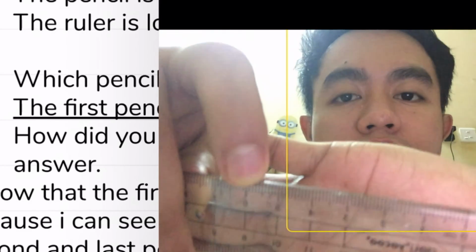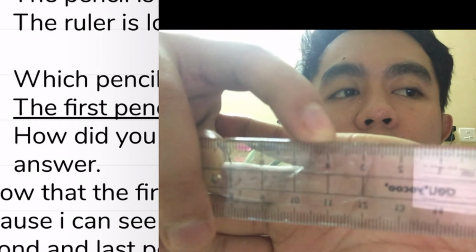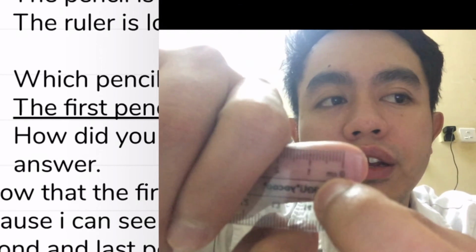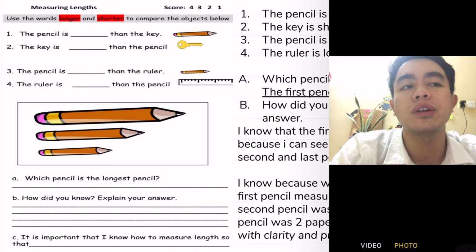The first pencil is 6 centimeters, and then the second pencil is 4 centimeters, and the third pencil is 2 centimeters. How do I know it's cm? Because look, there's a cm here. It says centimeters on that side.